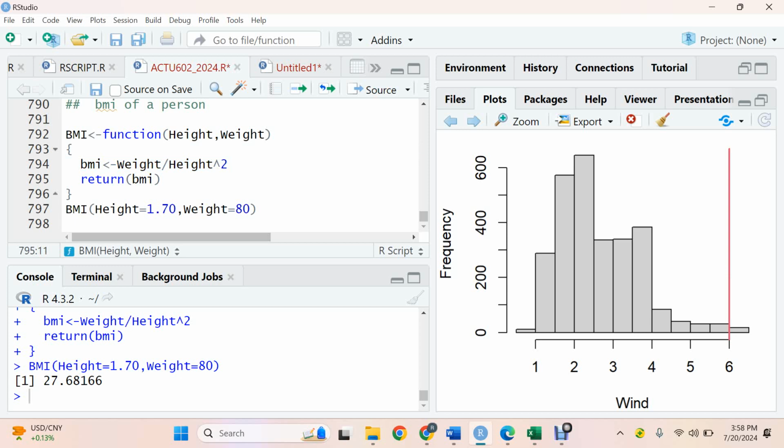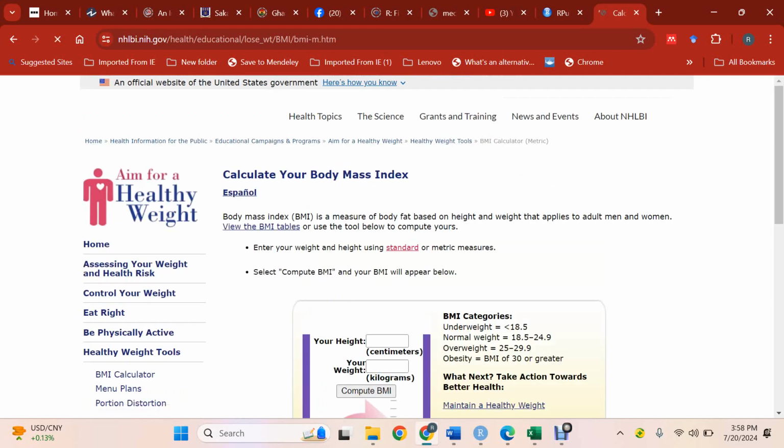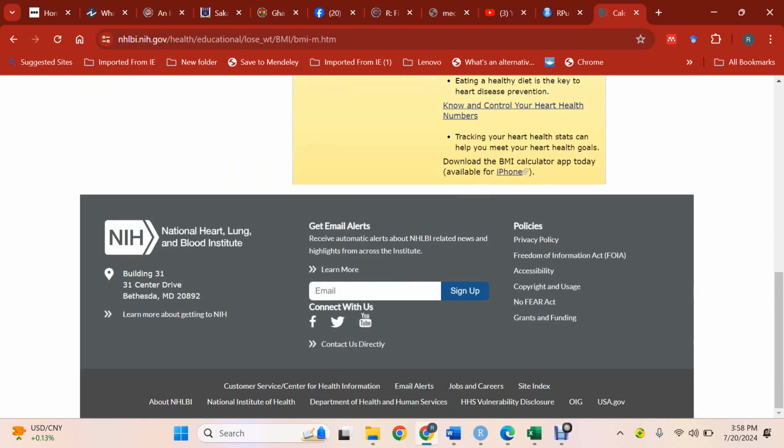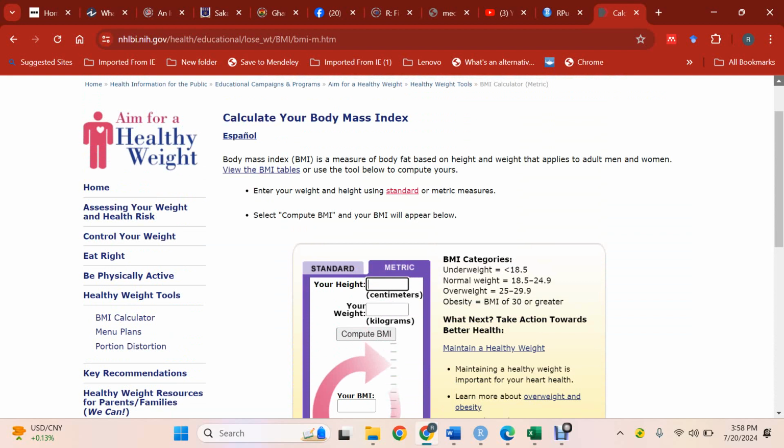Okay. I want to cross check if it is the same. So metric, your height in centimeters will be 170. We use meters, that's why it's 1.7.